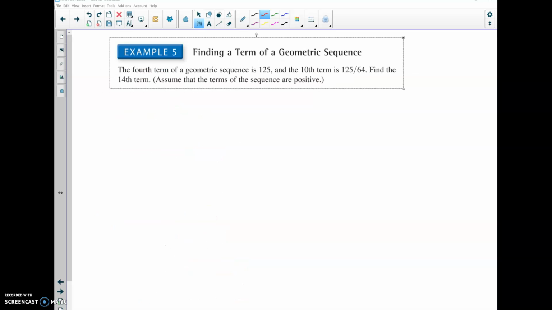All right, finding a specific term given two terms that aren't the first and the second, but actually two random terms in your geometric sequence. So the fourth term, a sub 4, is 125, and a10 is 125 over 64.